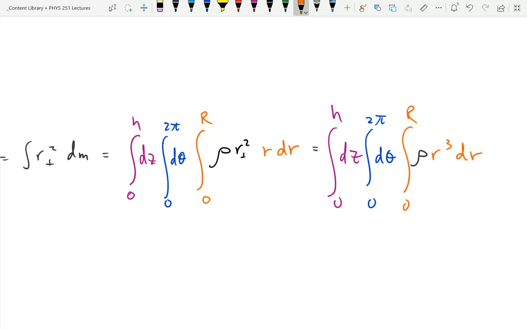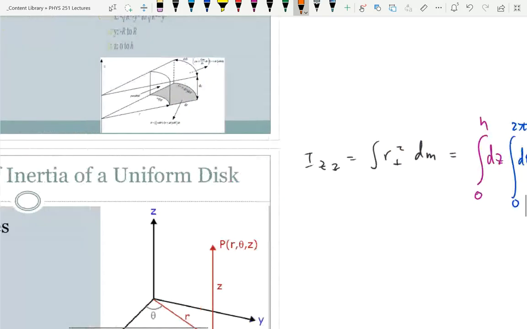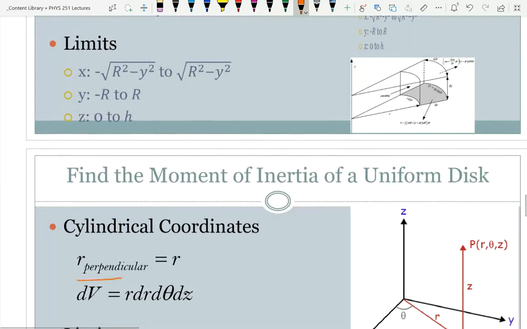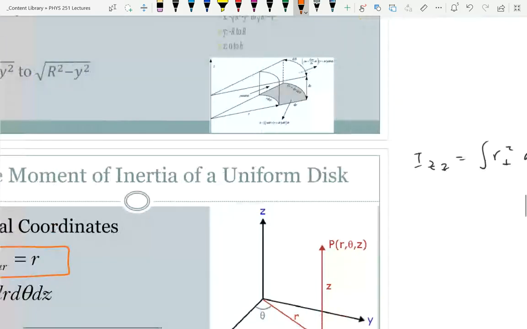So there I substitute r perpendicular as just r. We had to substitute for r perpendicular, so we had r perpendicular as r. Oh, okay, so that's just automatically a thing.